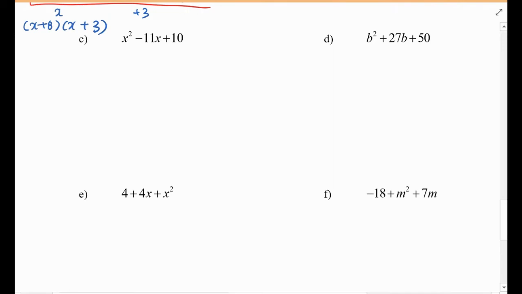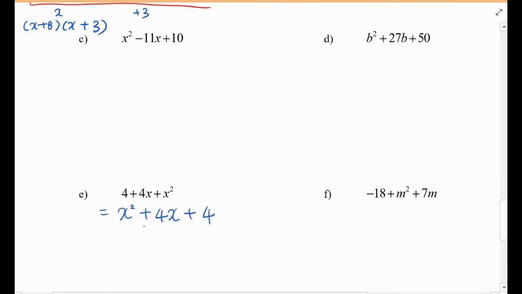Alright, let's move on to the next 4 questions. I want you to pause the video and try those 4 questions by yourself. In this case, you should put everything in descending order. Descending order means highest degree first. The degree of this is 2, the degree of this is 1, and degree 0. So you put the highest degree first and the lower degree last.